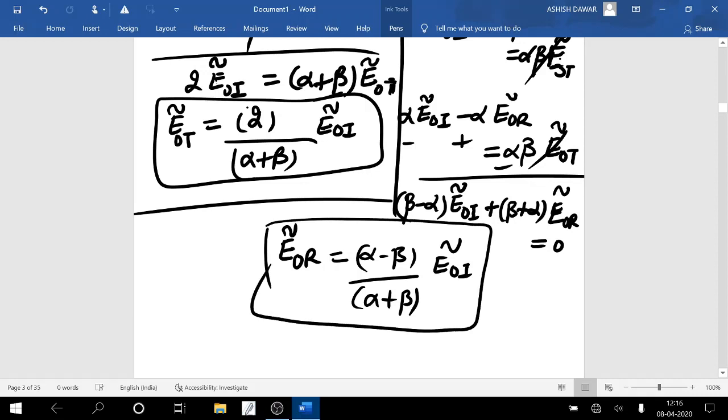On solving, we get the values for E0t and E0r in terms of E0i.